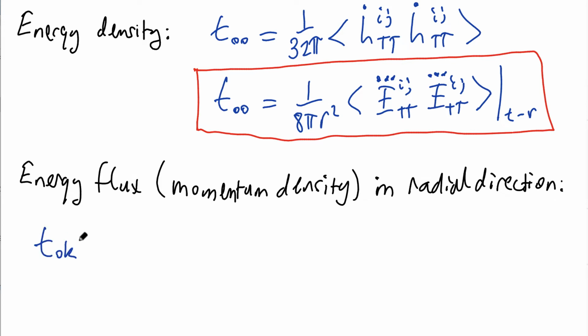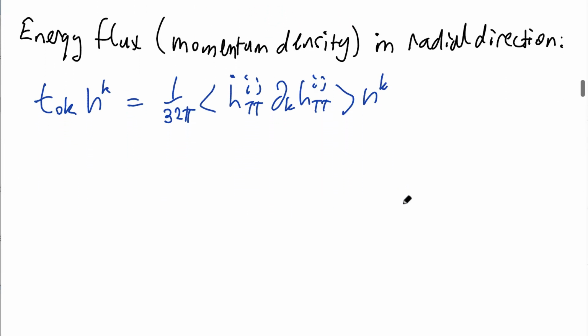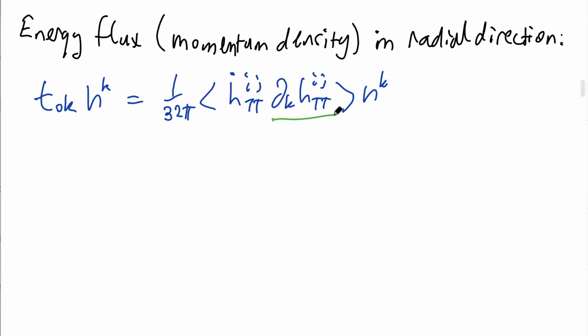That's the energy flux, and to pick out the radial direction, we take the dot product with the unit normal in the radial direction. This is 1 over 32 pi times the average of h_ij dot^TT times partial k h_ij^TT times n^k. Now let's carry out a side calculation for this factor.